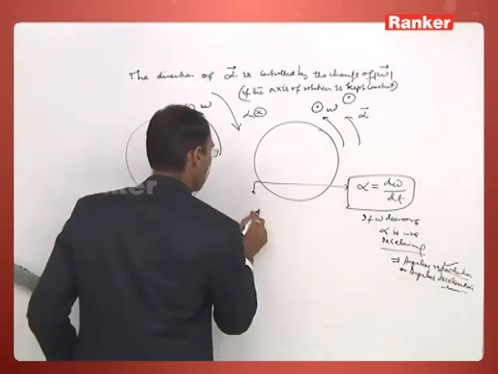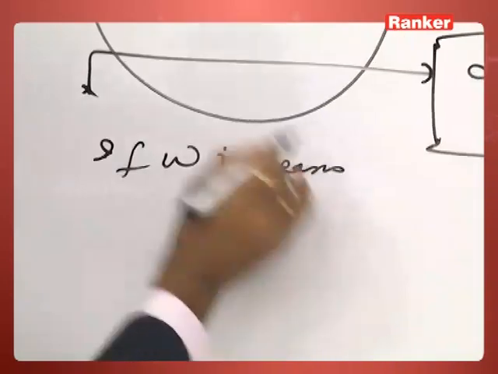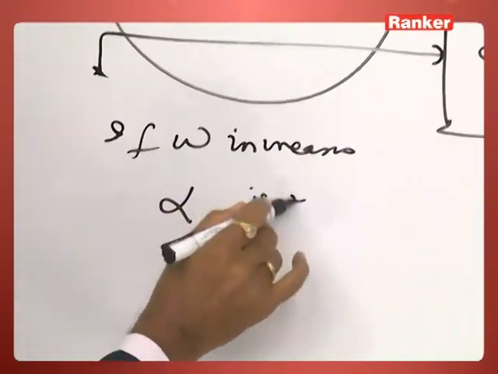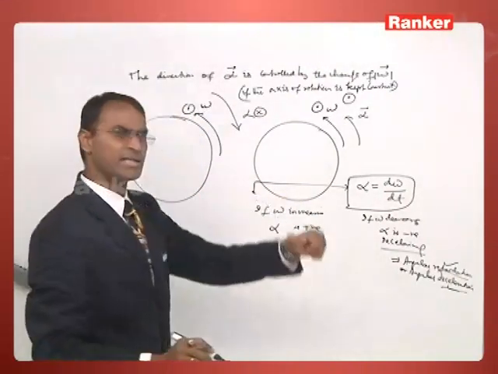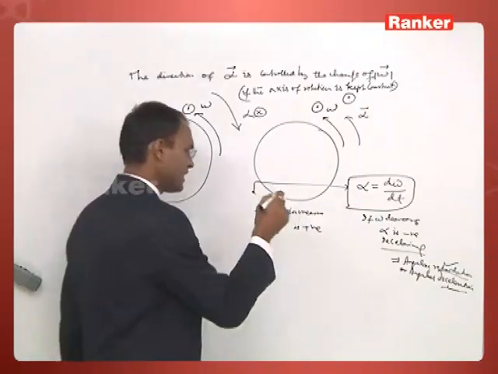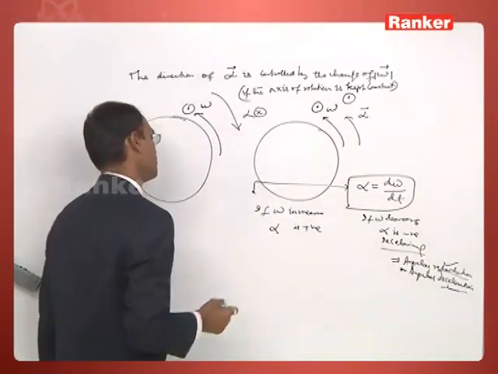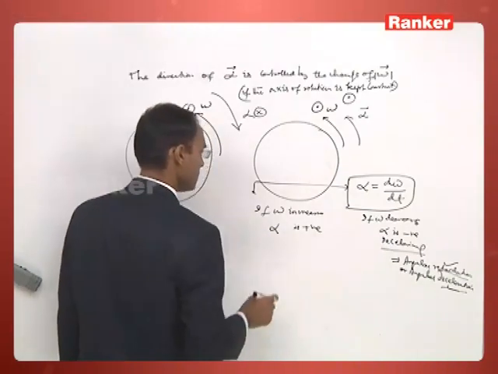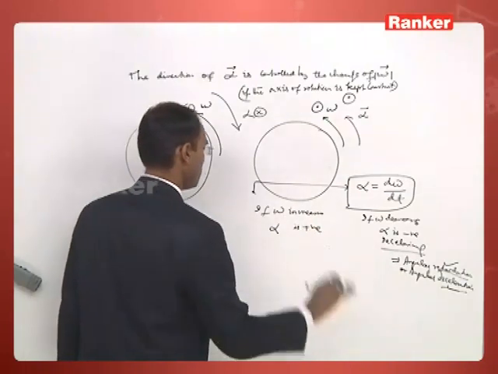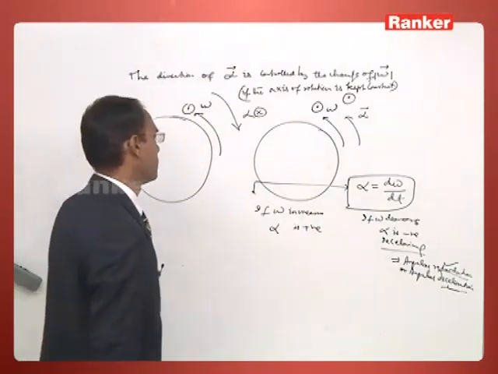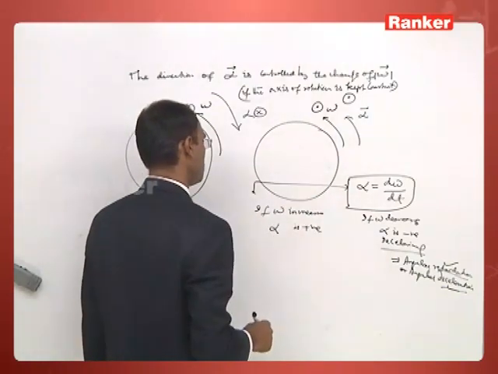And if omega increases, alpha is positive. Positive means it's directed in positive direction, a positive z direction or a positive x direction or positive y direction. Alpha is positive, and we can call it angular acceleration, no problem. So omega increases, alpha is positive.